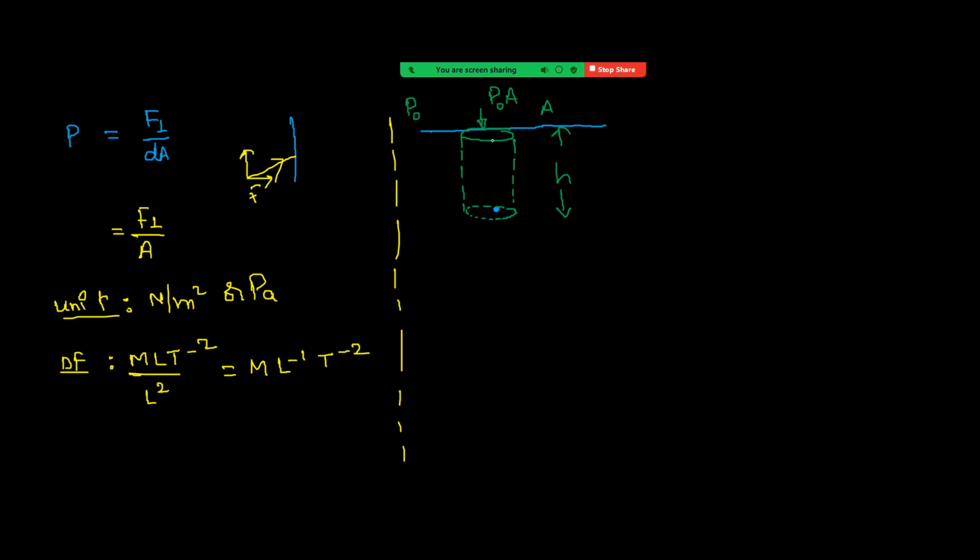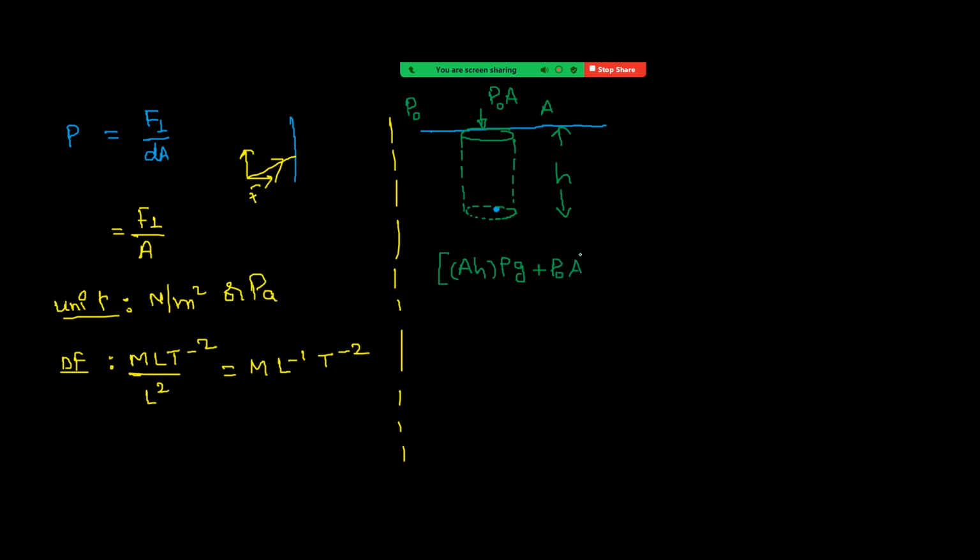What is the weight of this liquid? Its weight is area into height, that is volume, into density, that gives mass, into g. This is the weight of the liquid, plus the force because of atmospheric pressure, P naught A.